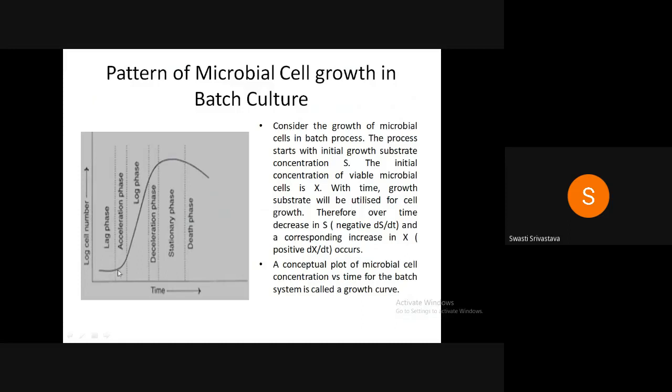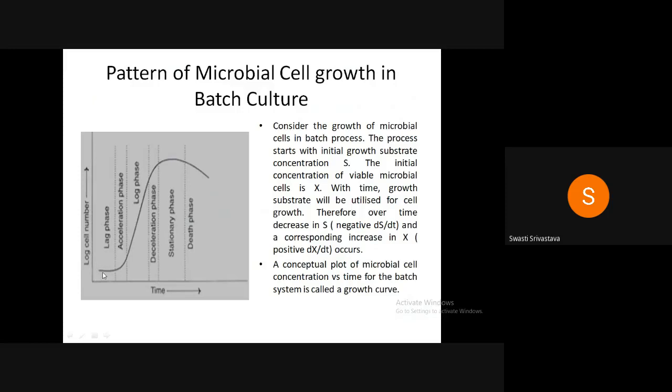If we interpret this graphical representation, we can identify that during the lag phase, when the substrate concentration is maximum, the nutrients have been provided and are 100% present in the media, the population growth rate is very slow. That is your lag phase. It means that the cells are trying to adapt to the culture conditions.